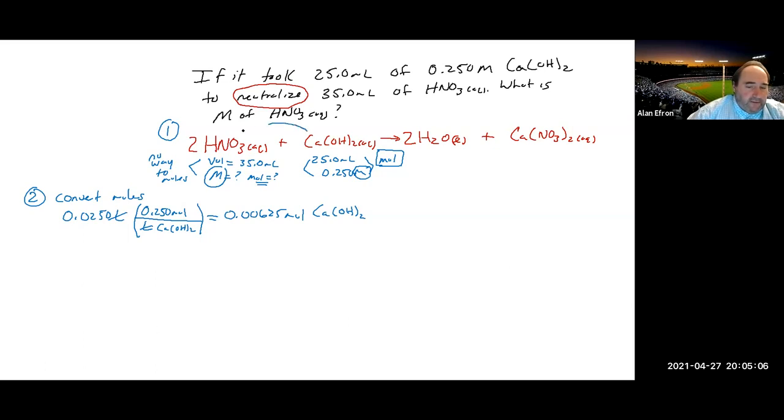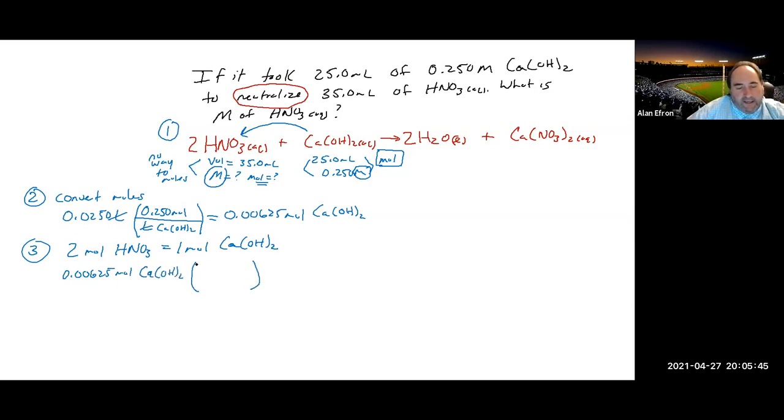We're going to use stoichiometry to figure out how many moles we have of nitric acid, and that would be step number 3. We go to the equation, find the 2 things we're interested in, and we see that there are 2 moles of nitric acid for every 1 mole of calcium hydroxide. We use the number we just got, 0.00625 moles of calcium hydroxide, with the nitric acid on top so we get to nitric acid.